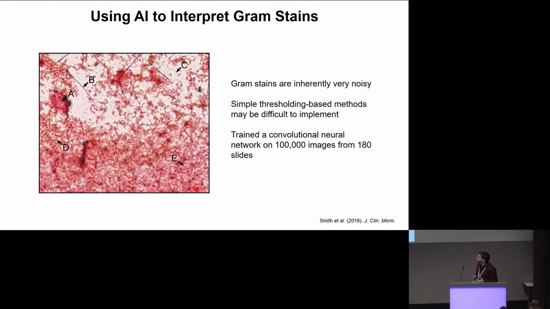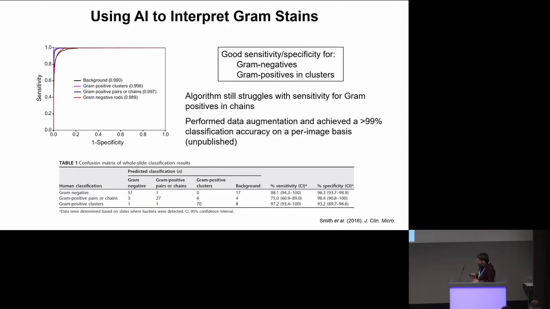So we trained a convolutional neural network using 100,000 images that represented 180 slides to recognize the different bacterial morphologies that I talked about previously: gram-negative rods, gram-positive cocci in chains, and in clusters. And when we look at the data for our classification, we have an excellent area under the ROC curve here, and we have good sensitivity and specificity for gram-negatives and gram-positives in clusters on a whole slide basis.